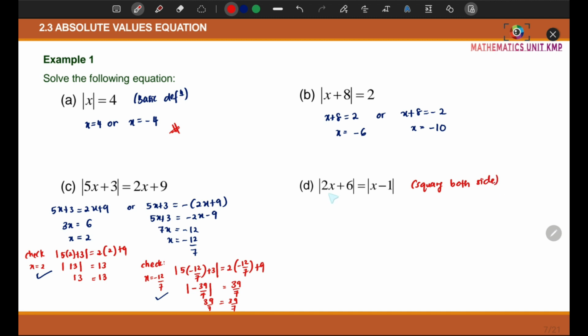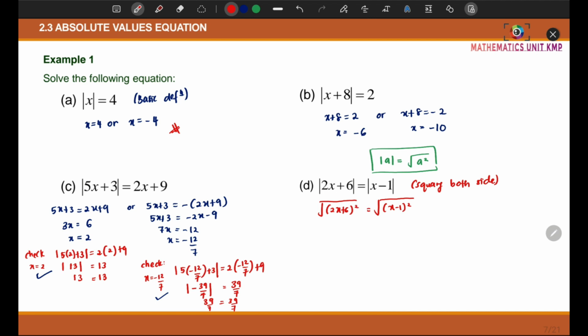By using the definition, we know the absolute value is equal to square root of 2x plus 6 squared. Still remember from the previous slide, if you have absolute value of a, it is equal to square root of a squared. So equal to square root of x minus 1 squared.